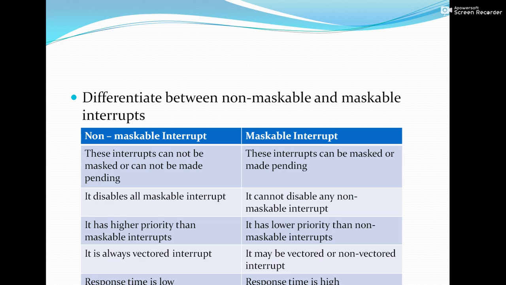So can you tell me what are the vectored maskable interrupts? Yes, RST 7.5, RST 6.5, RST 5.5 are vectored maskable interrupts, and our INTR is a non-vectored maskable interrupt.